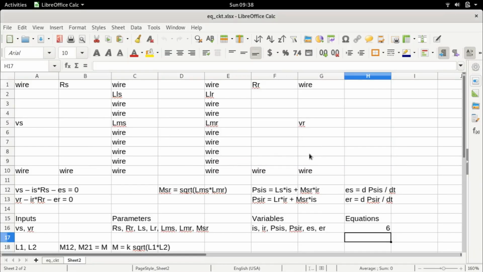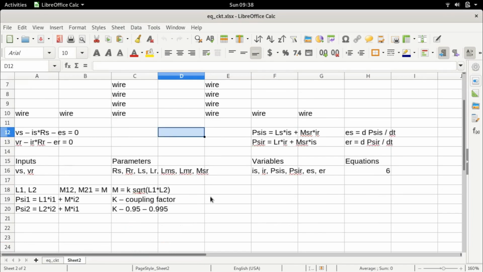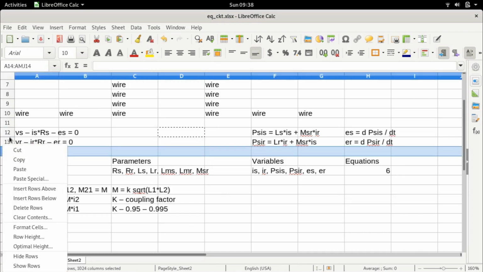So as I already said, the purpose behind rearranging these equations is to make sure that these equations are linked to each other. Now of course this is not really an equation, this is more of a calculation, so maybe I'll move it out of this and put it somewhere else. Actually, maybe I should just put a row here just to differentiate.